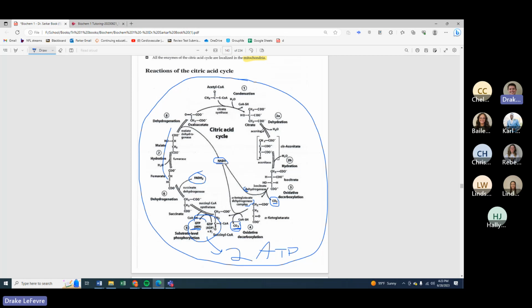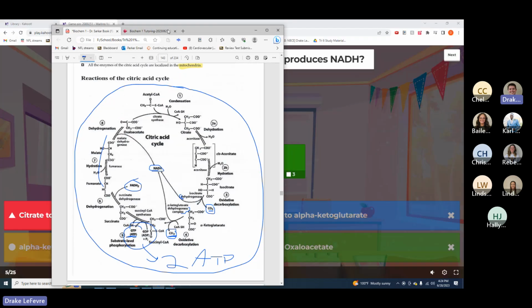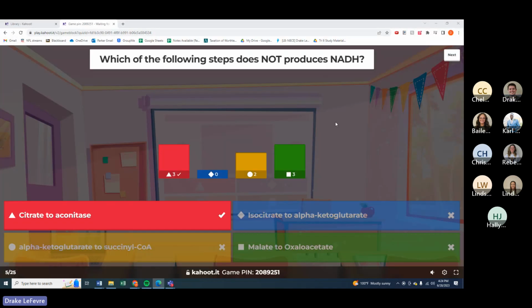Citrate gets acted on by aconitase to make cis-aconitate, and so on, and be able to put in where NADHs come off, where CO2s come off, where FADH2s come off, and where ATP comes off, because a good portion of questions on your test will be asking stuff like that.